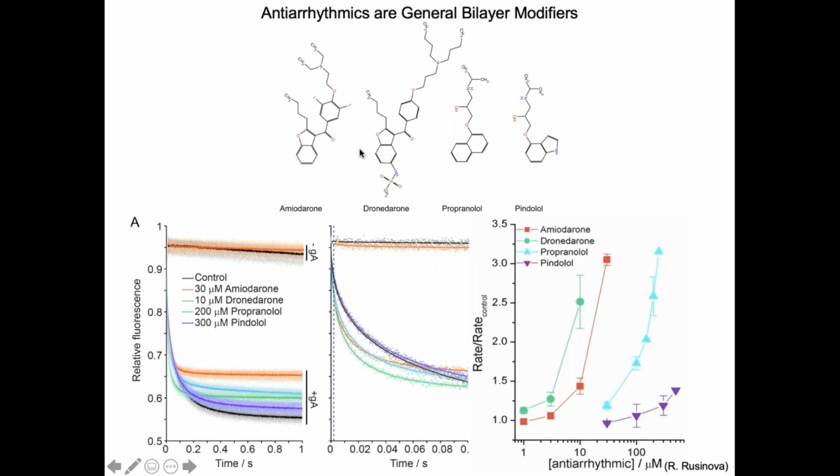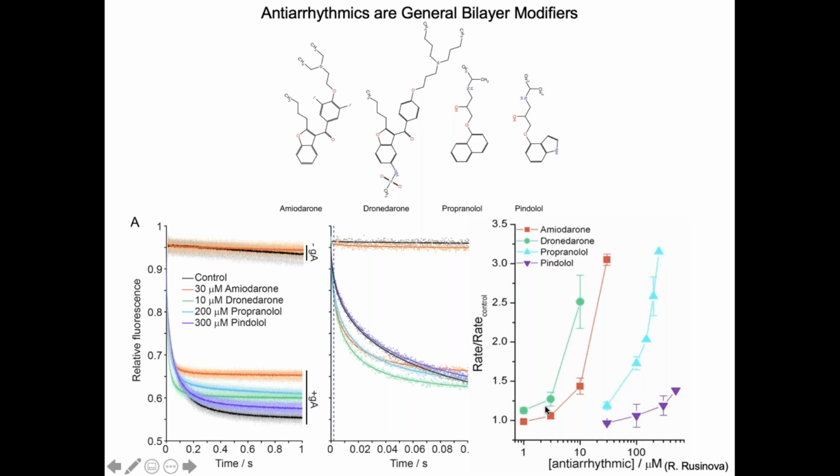Rada could then show, taking common antiarrhythmics, that they are all bilayer modifying, at concentrations, when we calculate the free concentrations, that are similar to those used in clinical practice in the case of amiodarone and mostly amiodarone. And when we see the relationship between the changes in quench rate, determined using stop-flow fluorescence quench, we see characteristic fingerprints for each of these different molecules.